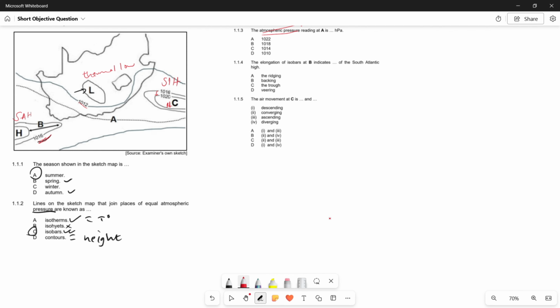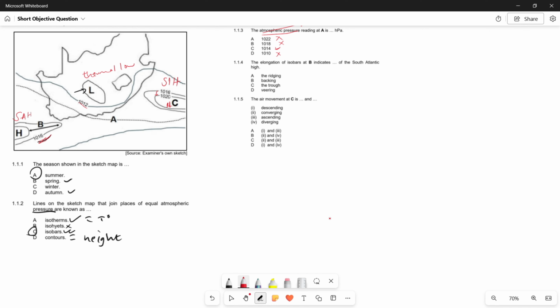So let's check for numbers that are between 1012 and 1016. One option is actually greater than 1016. 1014 is in fact between 1012 and 1016, so this might be our answer. 1010 is less than 1012, so that's not our answer. So C is our answer.